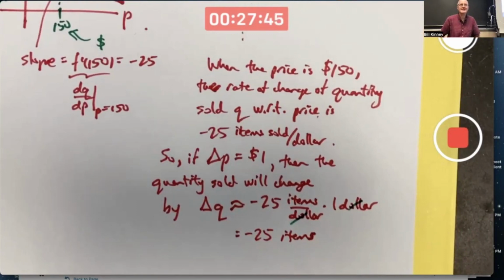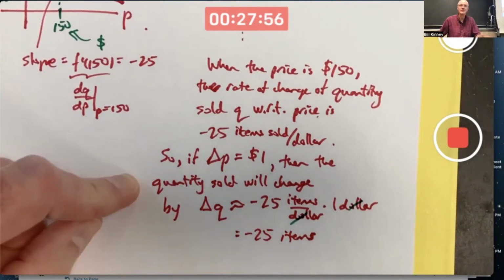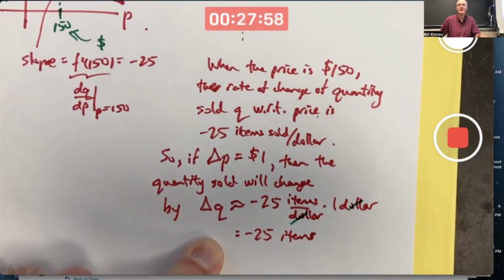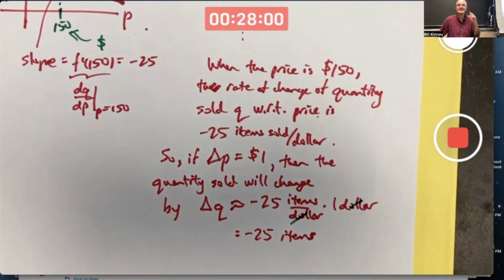Another way to phrase that is to say you would expect the quantity sold to go down by 25 items. You could phrase it that way too. The change in the quantity sold is negative 25 items. That's the same thing as saying the number sold goes down by 25 items. You technically can phrase it either way. I'm fine with either way.